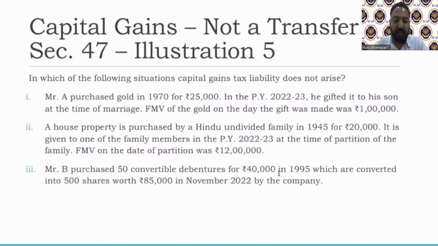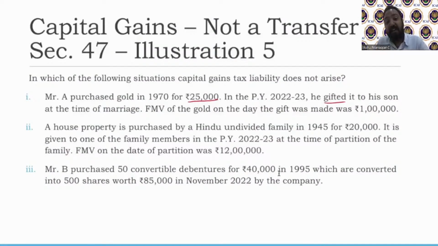Illustration 5: in which of the following situations does capital gain tax liability not arise? Mr. A purchased gold in 1970. The value of that gold on that day was 25,000. In previous year 2023 he is gifting it to his son at the time of marriage.